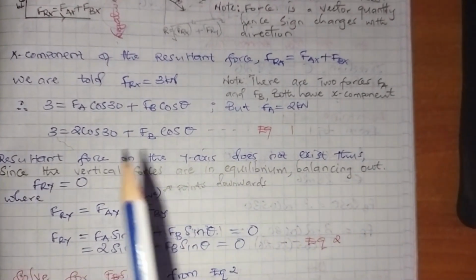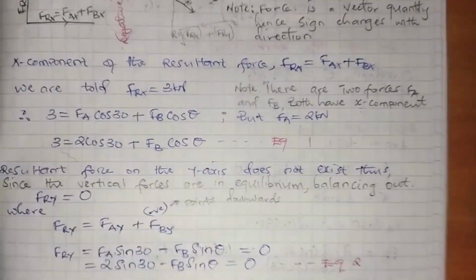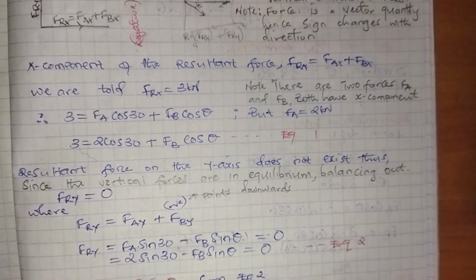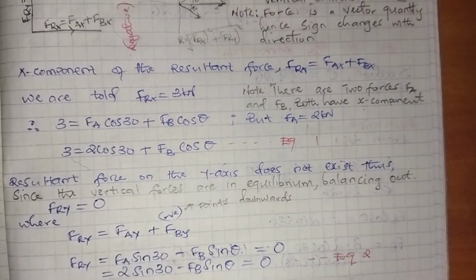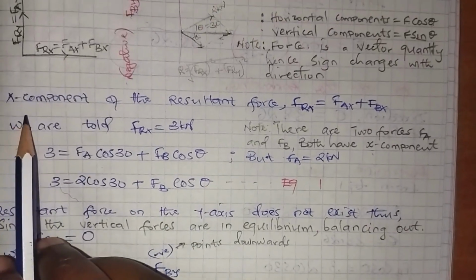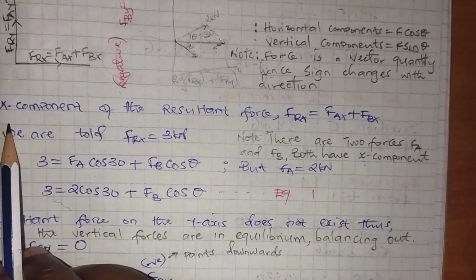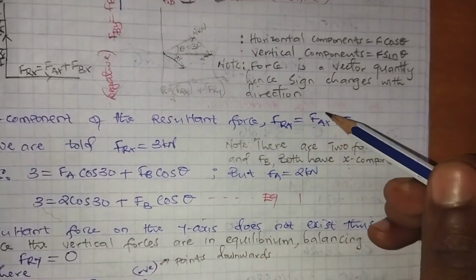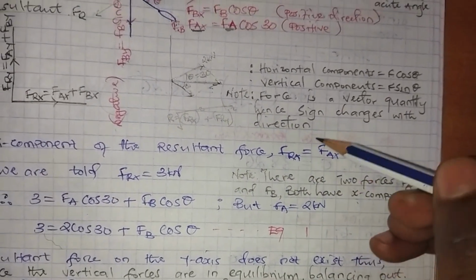We'll see that. Let's start now solving to determine the magnitude of force B and the direction theta. Alright, very good. The x component of the resultant force Frx is given by the sum of the x components of the two forces.